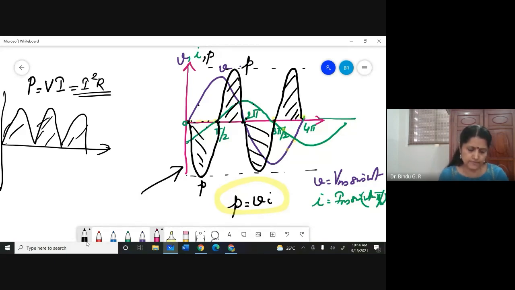This energy is supplied by the source and is stored in the magnetic field of the inductor.